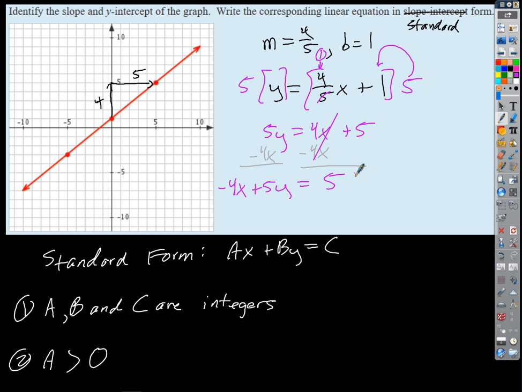So all I have to do to make A positive is multiply both sides by negative 1, which just means change the signs of everything, right? So then this first one is going to become positive 4x minus 5y equals negative 5. Good. That would be our answer. Okay? Make sense? Okay. I'll let you work.